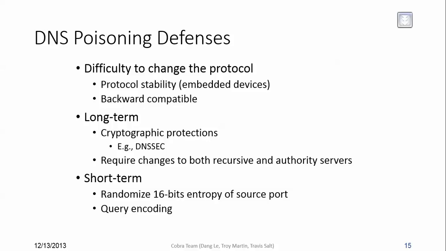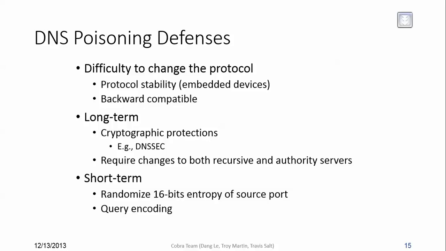How to defend against DNS poisoning? It is difficult to change the protocol because Kaminsky found the exploit is in the protocol, not in any software. So we have long term and short term solutions.